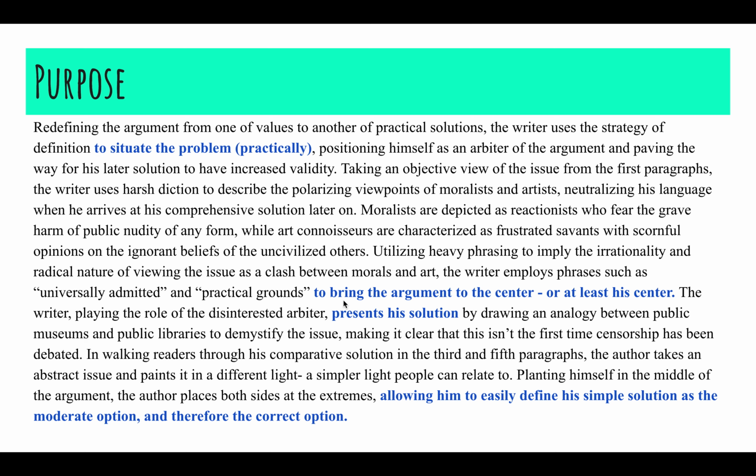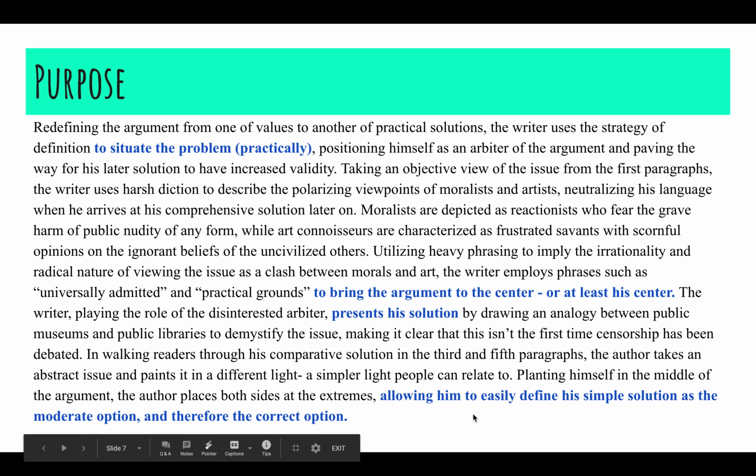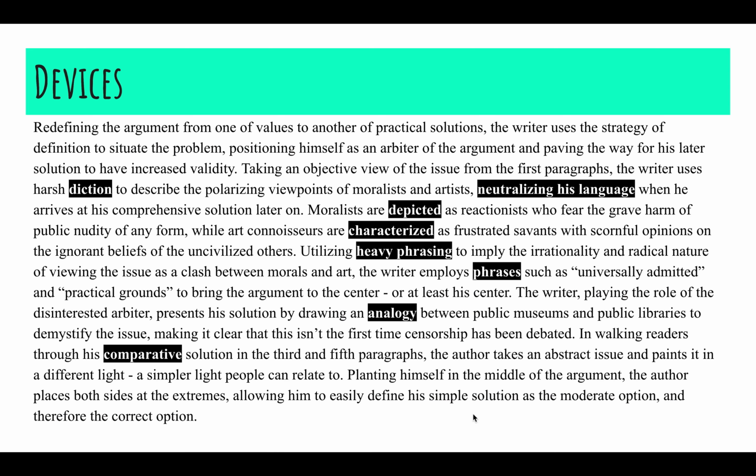And here's what the writer's trying to do: bring the argument to a center, or at least his center. And this is important because it had been talked about previously in this body paragraph, how he redefines the center of the conversation so that he can present a solution and define his simple solution, which is what he says later on.